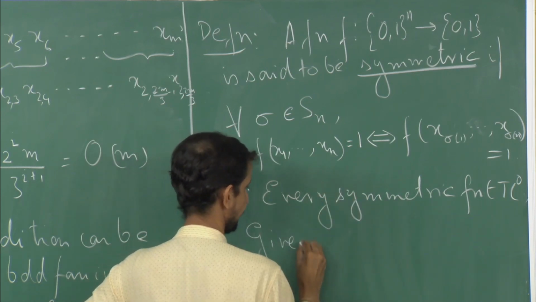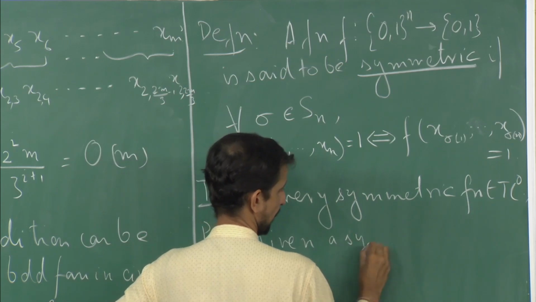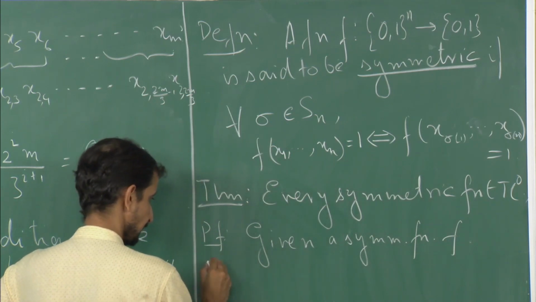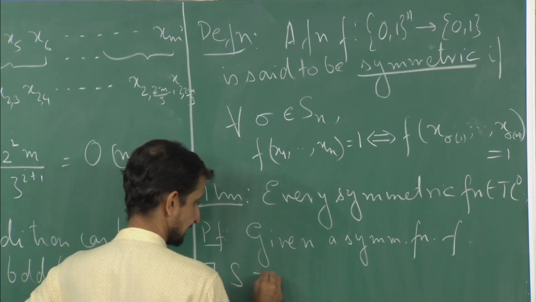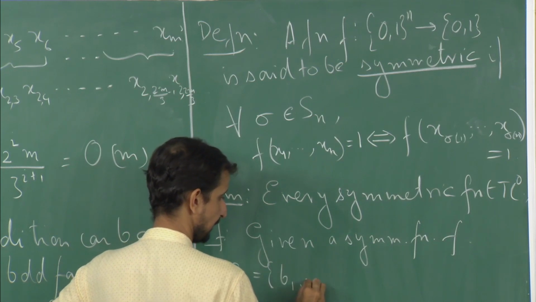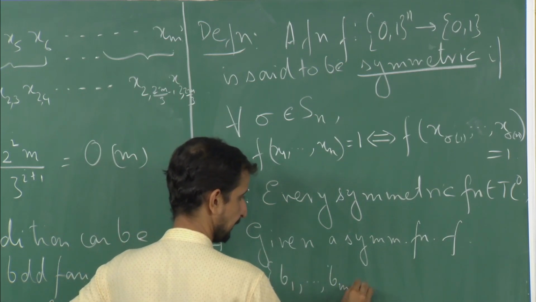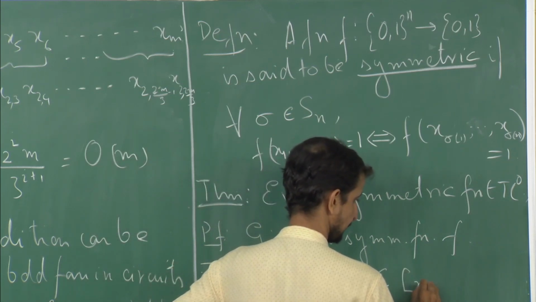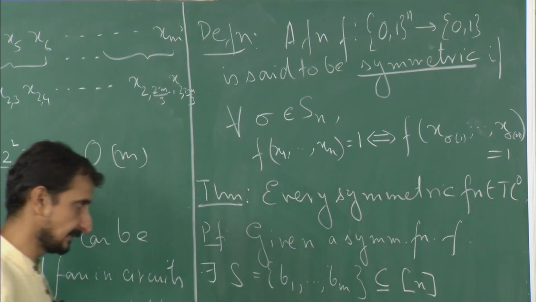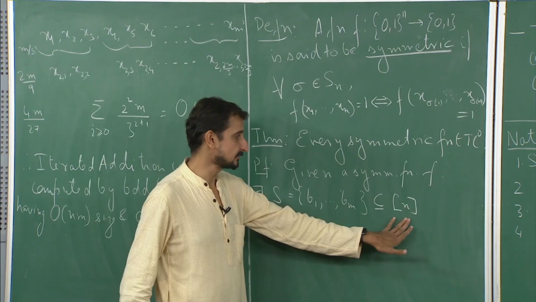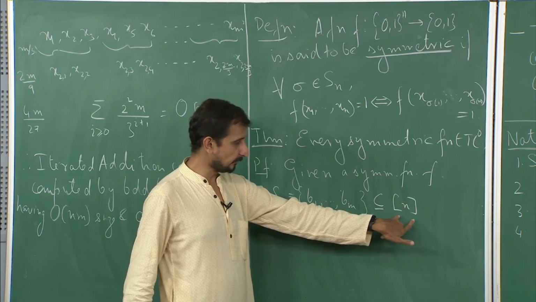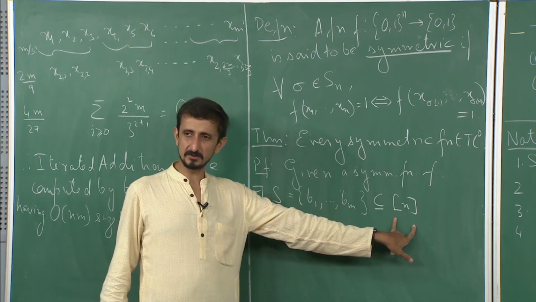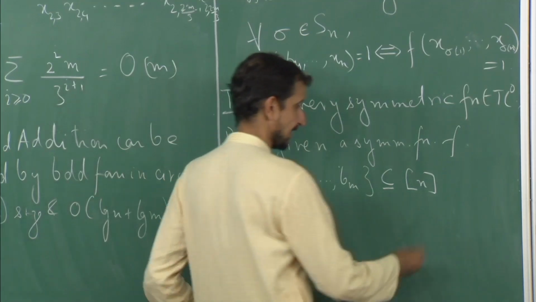Given a symmetric function f, let us say there exists a set S which has values b1 up to bm, and these bi's are a subset of the set from 0 to n. Is this representation used for the set from 1 to n or 0 to n? 1 to n, right? Okay, then I will add 0 also.